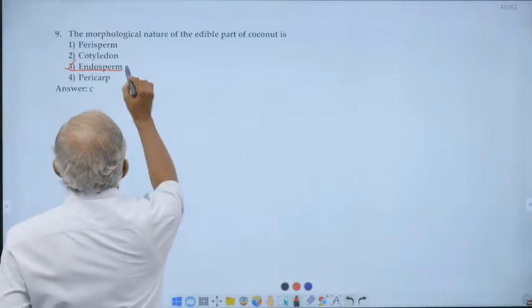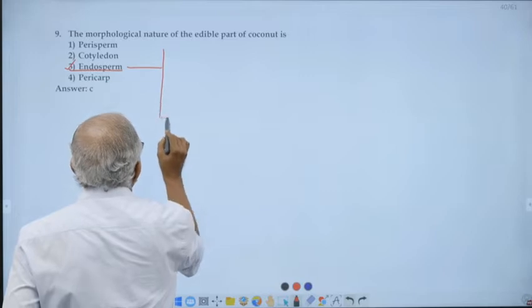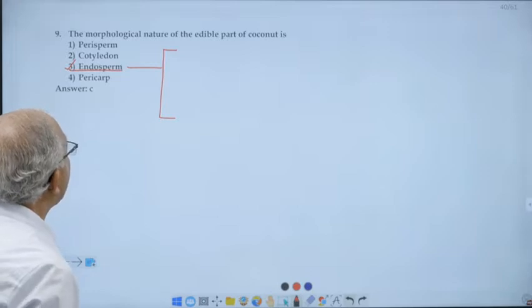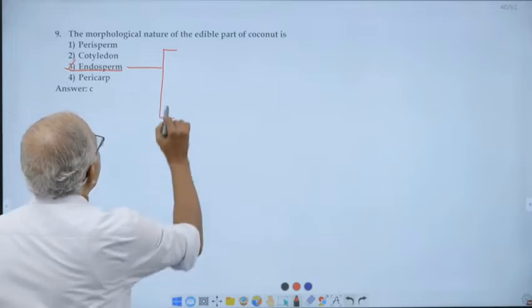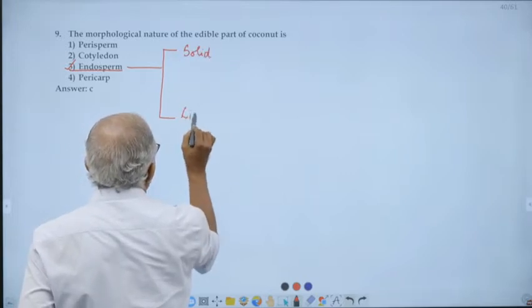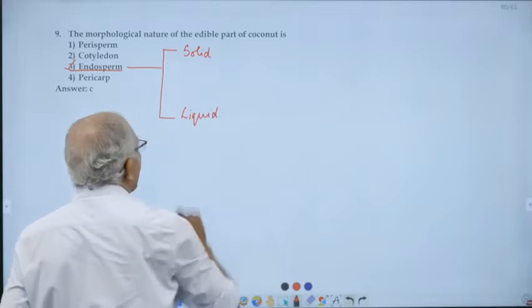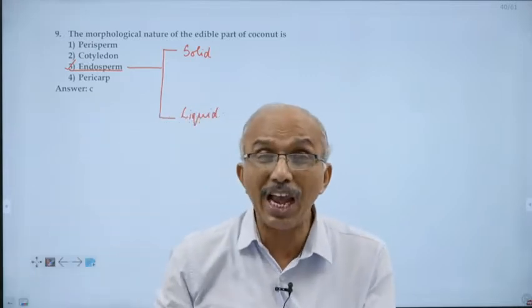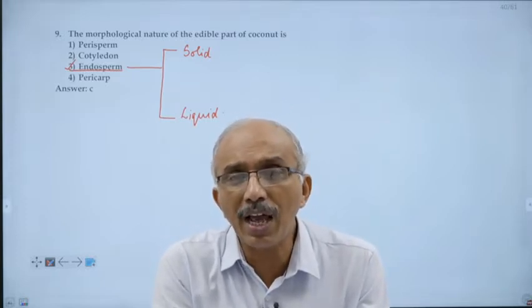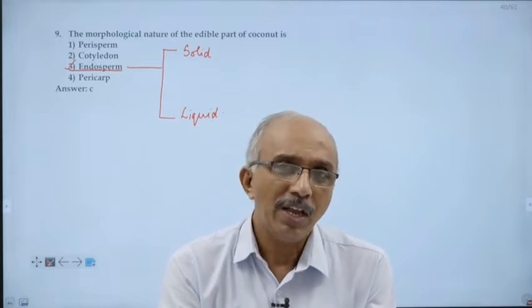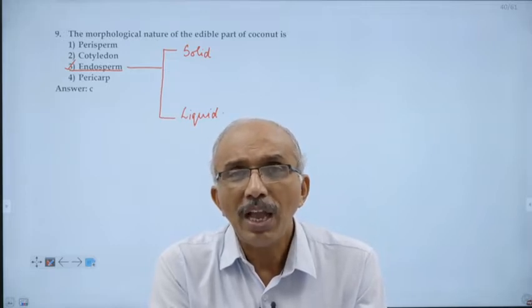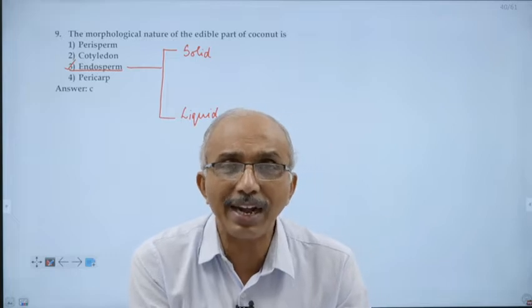But here in coconut, there are two types of endosperm: a solid endosperm and a liquid endosperm. When you cut the coconut shell, you can see a white colored portion we call kernel or copra, which we use in curries in grated form and to extract the oil after drying it.